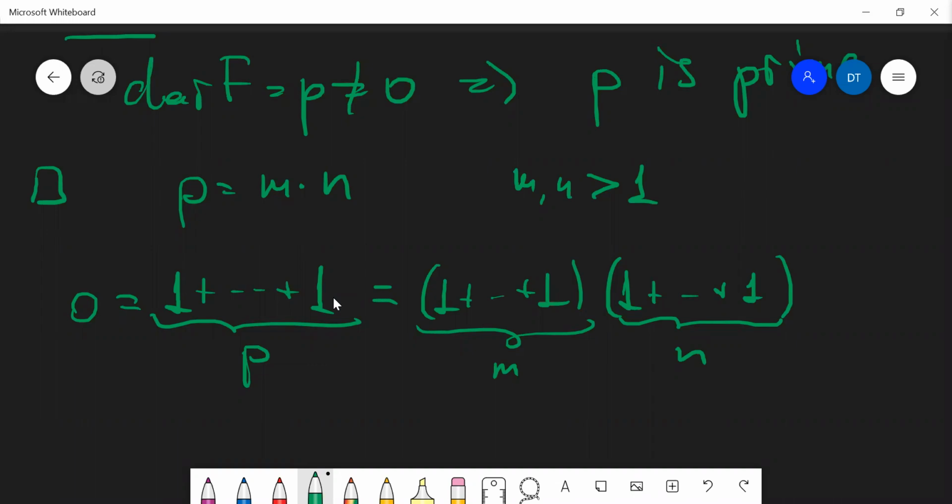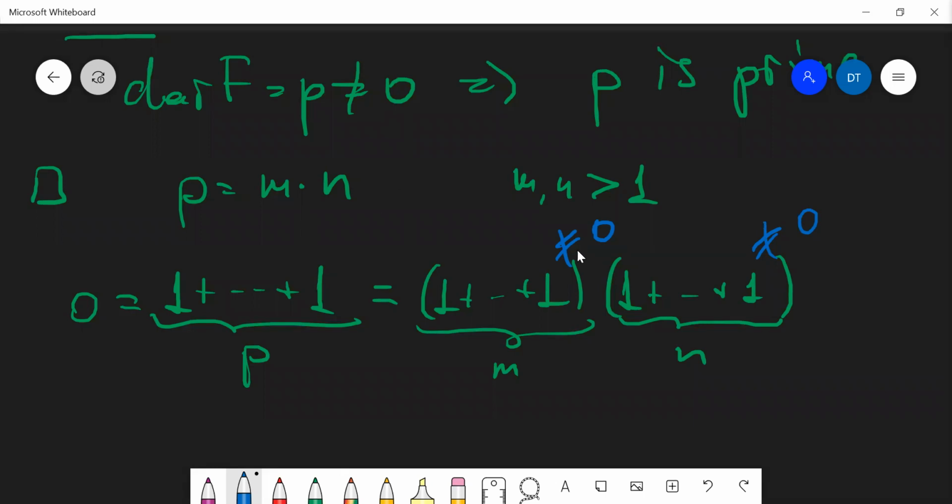Moreover, since m and n are greater than 1, they are strictly smaller than p. So since p was the smallest possible number such that 1 plus 1 plus 1, p times, is equal to 0, these two expressions are not 0, because otherwise this would contradict the definition of p.